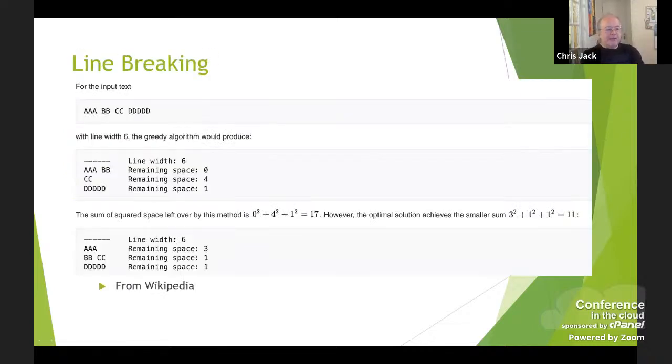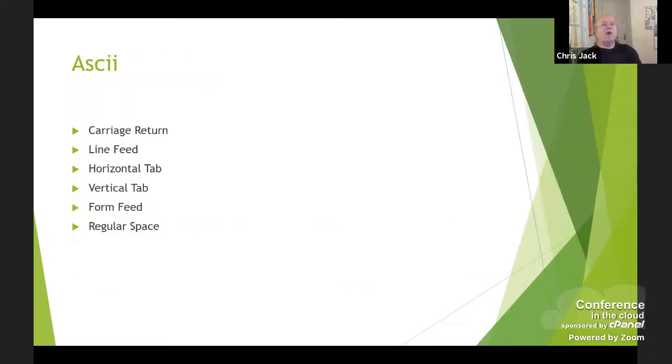Home computers appeared in the late 70s using ASCII. White space here was one of 6: carriage returns and line feeds were similar to what you got on a typewriter and sometimes got a bit confused. Horizontal tabs were under software control.